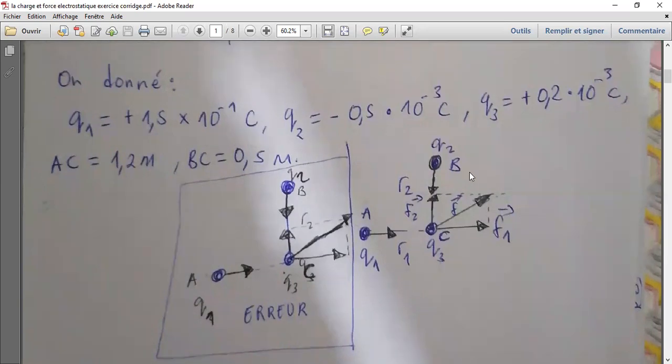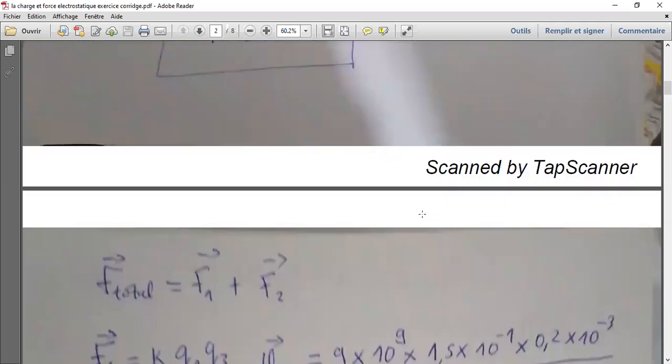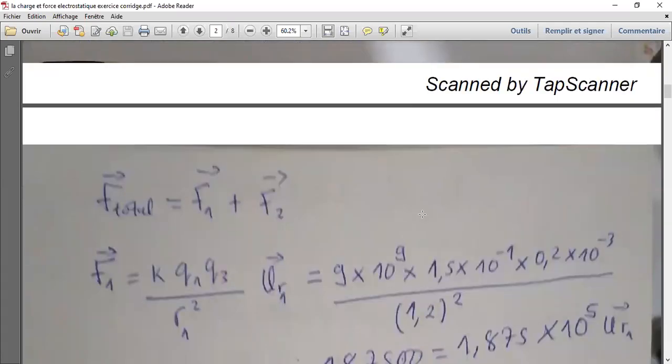So here, your F1 is this one, and your F2 is this one, which is created here. For me to have my total force, which is here, I have to add F1 plus F2. So here you're going to write this equation: total force is equal to F1 plus F2.